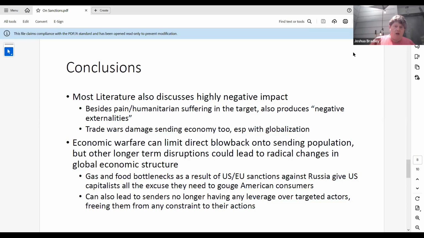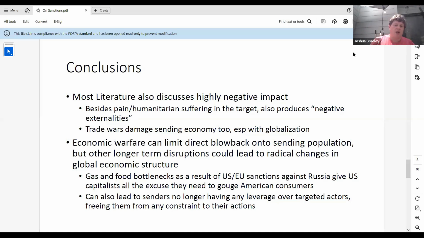Most literature discusses highly negative impact, and I noticed that myself in researching this, just about deaths associated with sanctions are pretty large numbers. Besides the pain and humanitarian suffering in the target, it also produces negative externalities, which Bill discussed earlier.